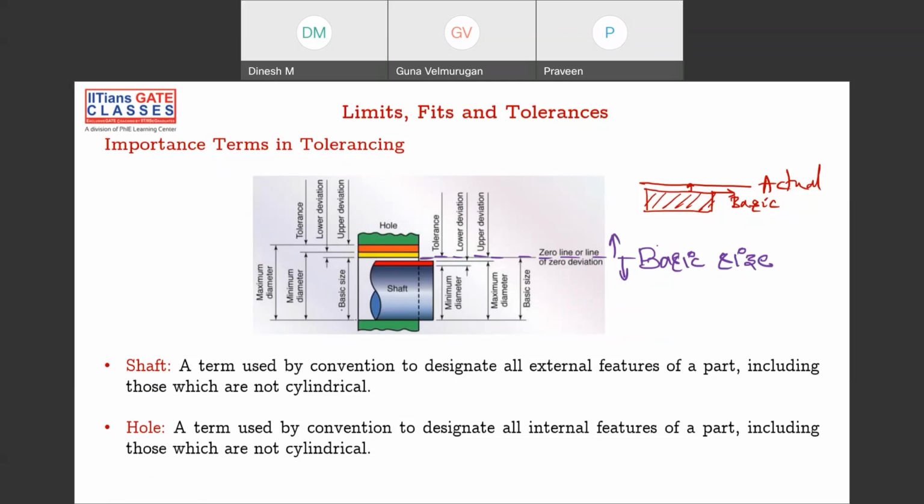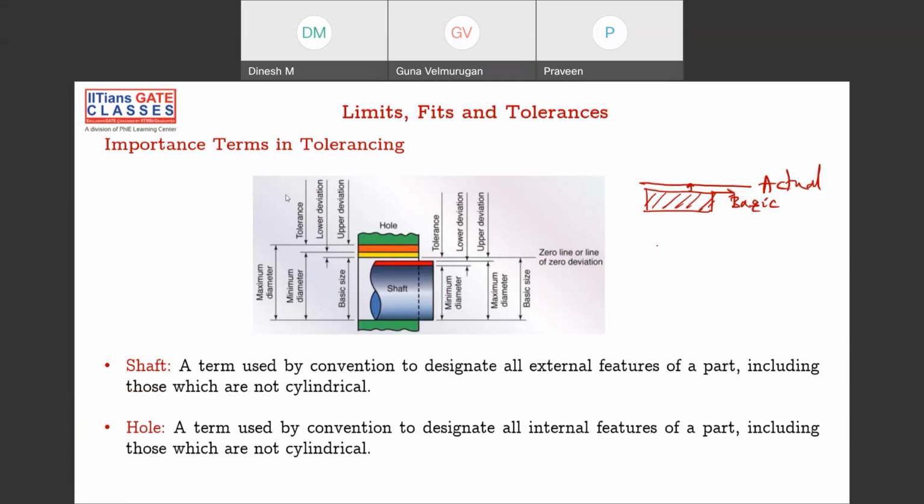It is only a half hole. This is the full hole actually, and this is the full shaft actually. Okay, so only half of it is shown here. That is the important thing that you have to understand. Okay, is it clear? Yes or no?